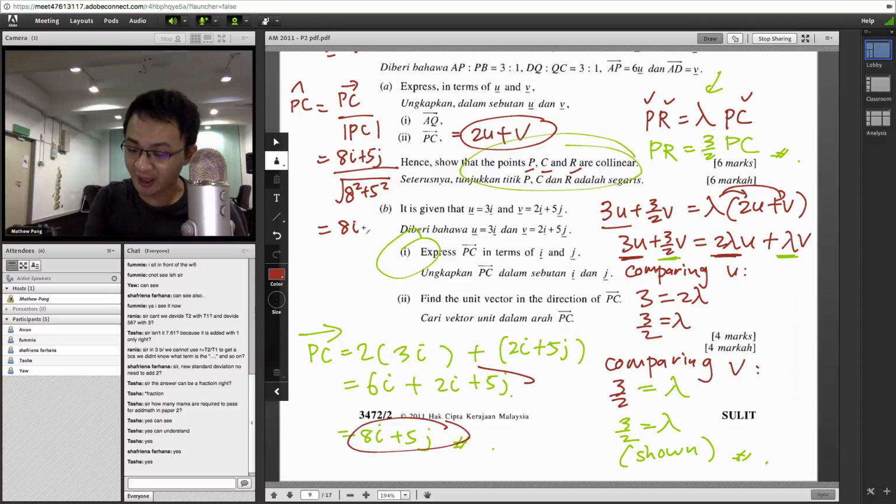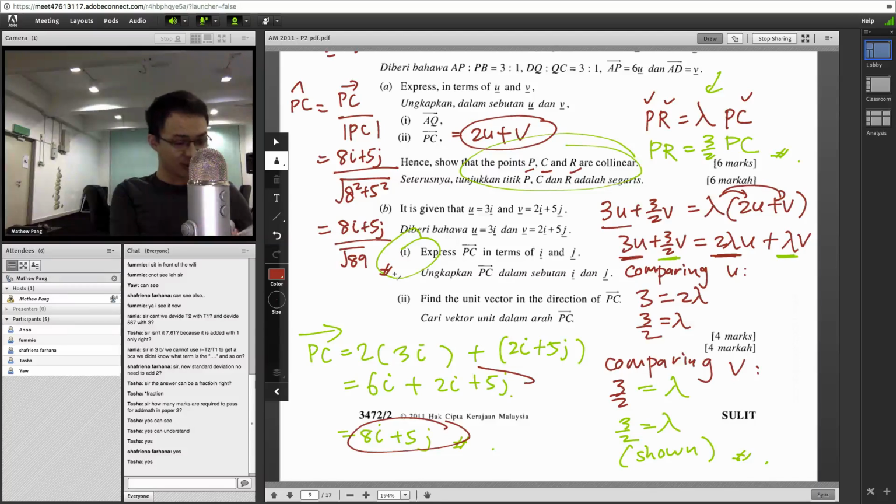So it's 8i plus 5j over square root 89. Yes, this is how to do the unit vector. Yep, it's correct. This is how we find the unit vector.